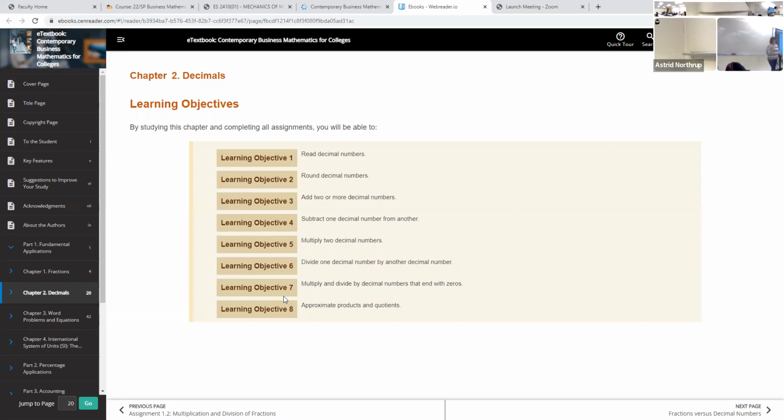In my opinion, decimals are a little bit easier to work with because they work more like whole numbers in terms of the operations. To add or subtract decimals, you just line up the decimal point.